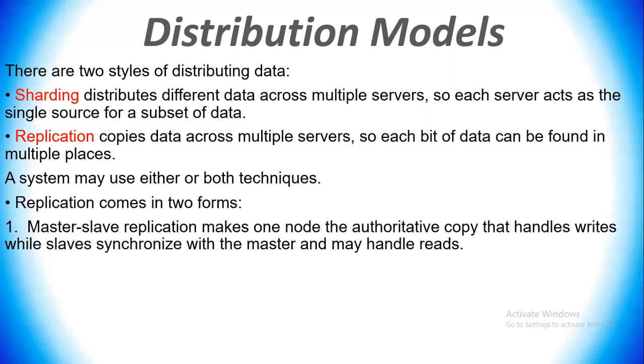Then there is no need for the slave nodes to obtain permission from the master node, because there are no conflicts in reading. Reading is consistent as long as there are no writes.